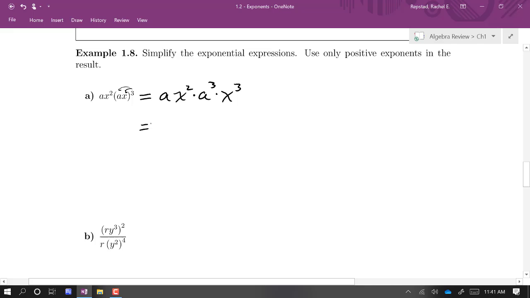That means it doesn't matter what order we write the factors in. So I have a times a cubed times x squared times x cubed. And that first a here in the beginning, there's no exponent written, but it's understood to be 1. A times a cubed is a to the 4th. I can add those exponents. X squared times x cubed is x to the 5th. I can add those exponents. And that's our final result.